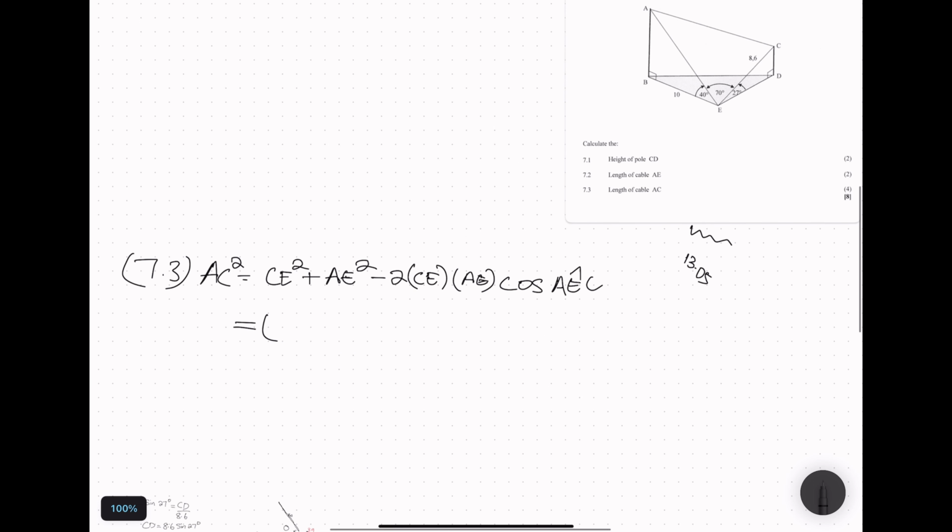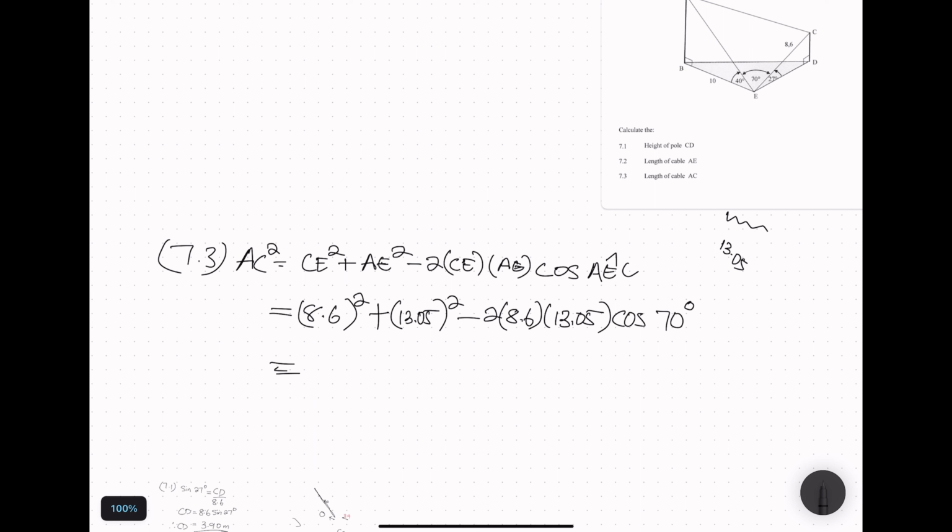So you just substitute. CE is given by 8.6 squared plus AE, which is 13.05 squared, minus 2 times 8.6 times 13.05 cos 70 degrees, right?